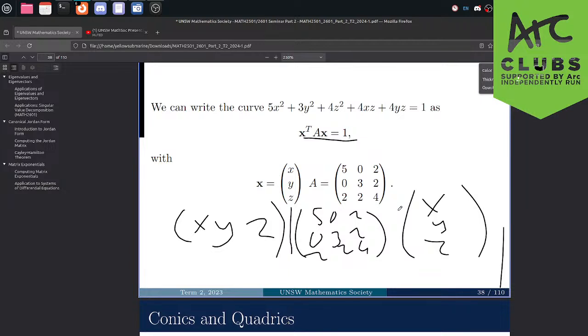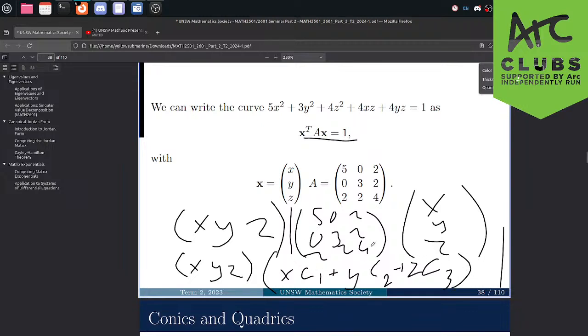So that's going to be x times the first column vector. So let's say I just write this as column vectors. So this is going to be x times the first column vector plus y times the second column vector and z times the third column vector, right? And all this is going to be one huge row vector.